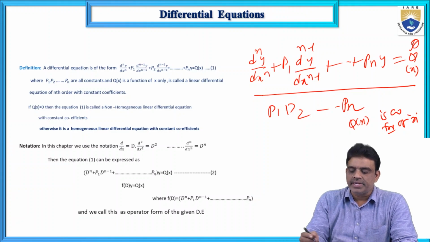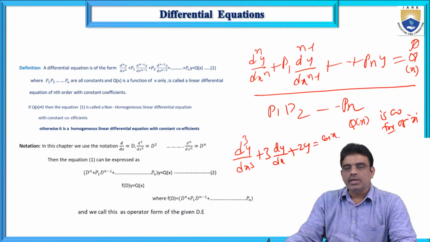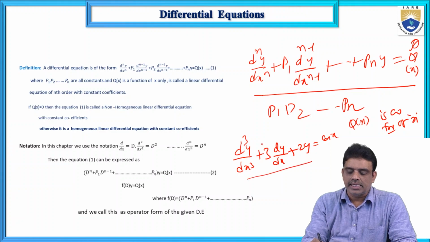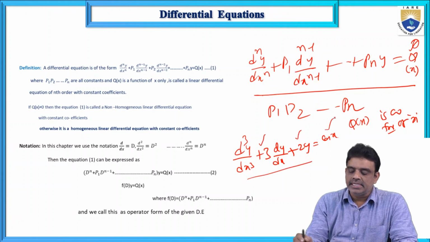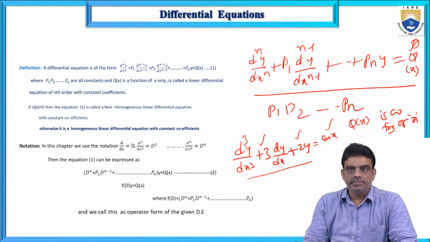For example, d cubed y by dx cubed plus 3 dy by dx plus 2 into y is equal to cos x. So clearly it is a third order differential equation, and here the coefficients all are constants. 3 is a constant, 2 is a constant, and the right side is a pure function of x. Now we are going to see how to solve this type of equations.